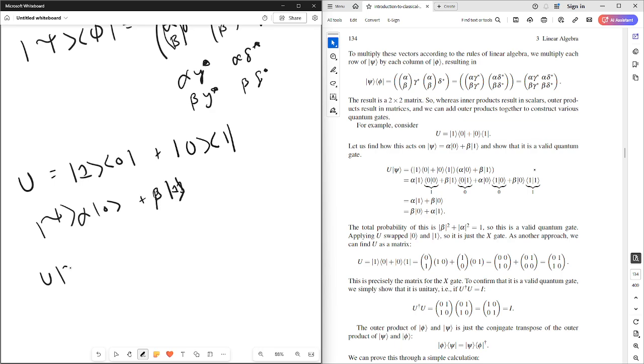Applying that, U applied to state psi gives us the outer product of 1 and 0 plus the outer product of 0 and 1, multiplied by this superposition.